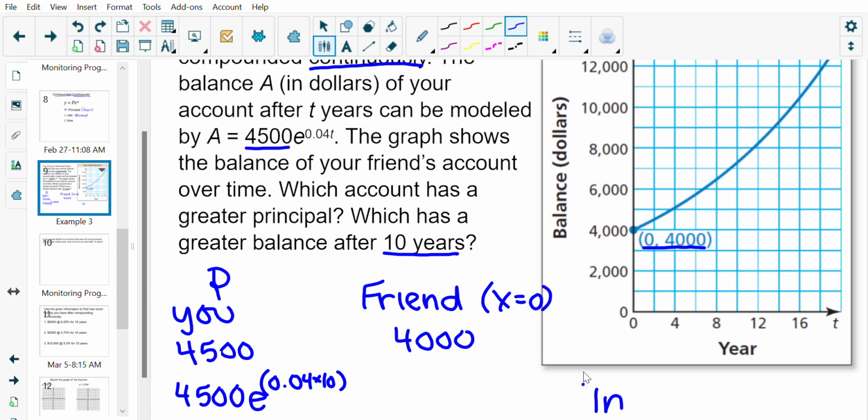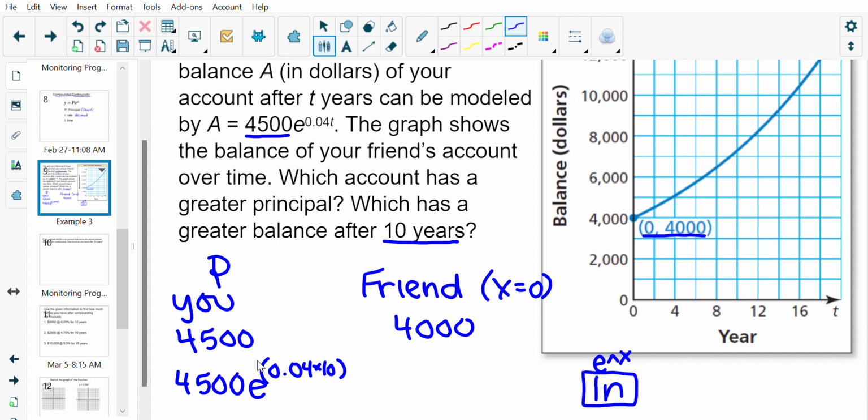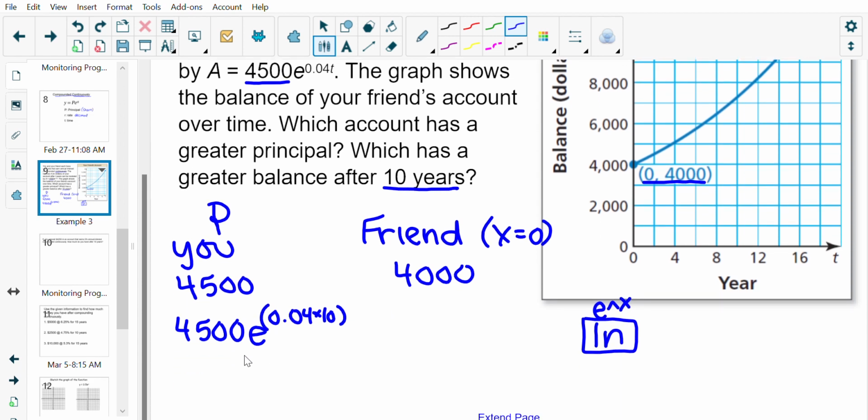So it says ln, that's the button, and then above it, it says e raised to the x. That's going to be the button you would use to type this e in. And when you do that, you get $6,713.21. So after 10 years, you have that amount in your account.